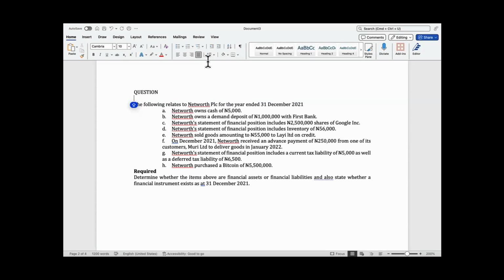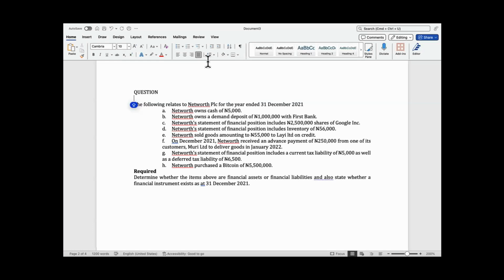D. Net Worth's statement of financial position includes inventory of 56,000 naira. E. Net Worth sold goods amounting to 55,000 naira to Lai Limited on credit. F. On December 2021, Net Worth received an advance payment of 250,000 naira from one of its customers, Muri Limited, to deliver goods in January 2022.